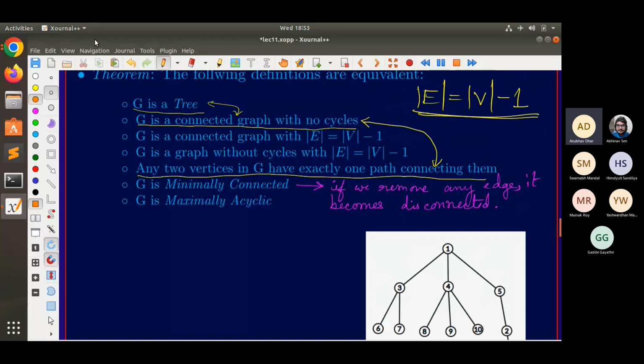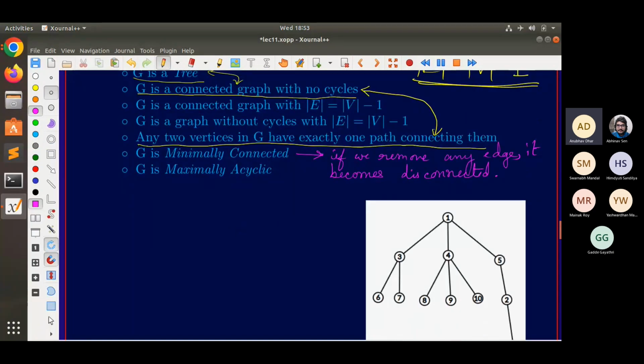Well, to prove this, again, there are two components to proving it: that there are no cycles and that G is connected. So G is minimally connected. By definition, this is connected. Minimally connected means that the graph is initially connected and removing any edge will disconnect it.